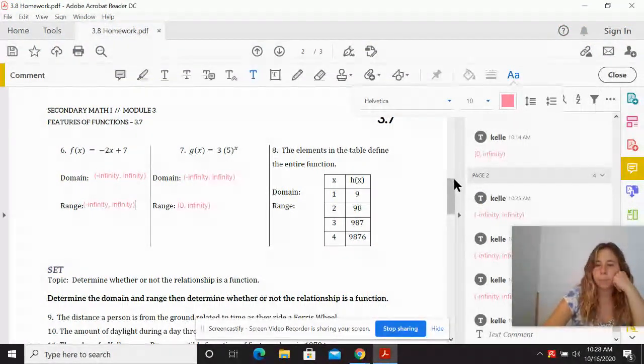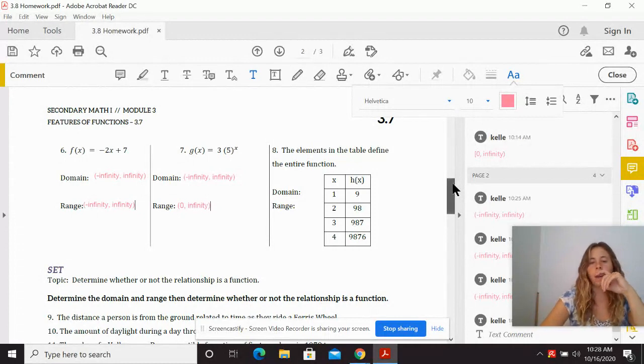There you go. You could also figure that out without graphing it if you wanted to. I could substitute any value in for x, and I will never get 0, and I will never get a negative number.